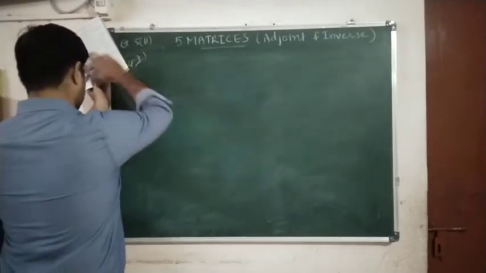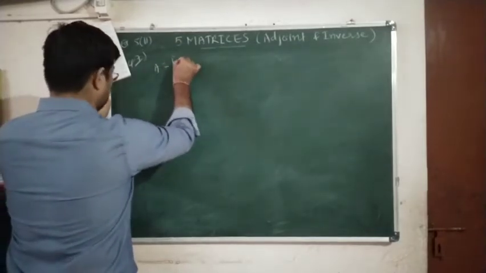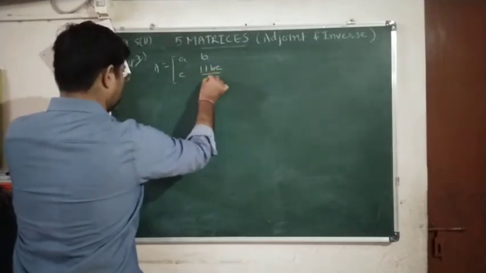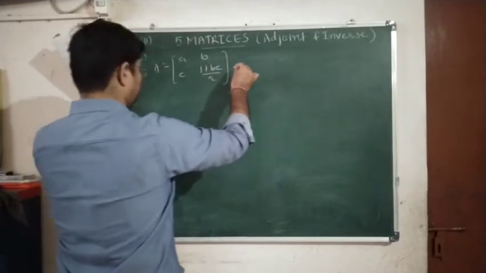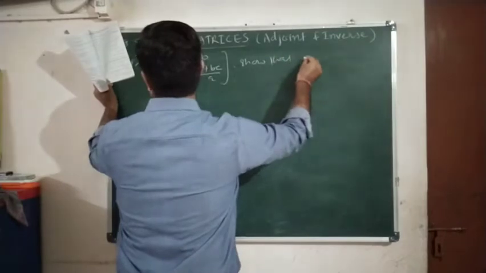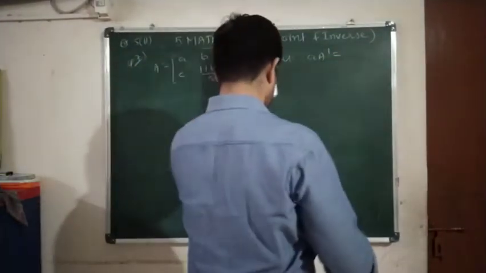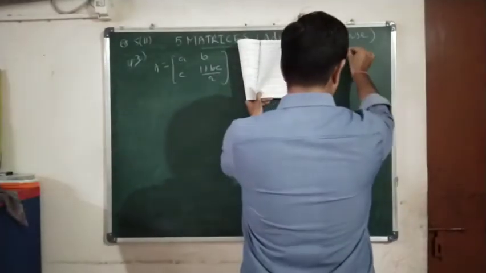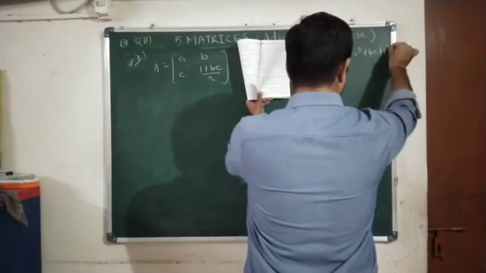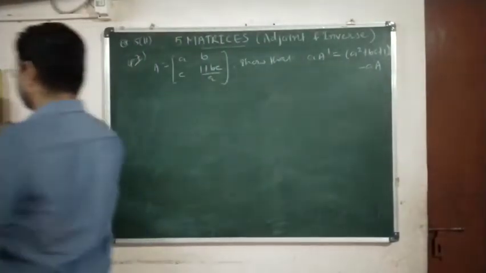We have to find the inverse of matrix A, [a, b; c, (1 + bc)/a], and we have to show that A into A inverse is equal to (a squared plus bc plus 1) into I minus a into A.